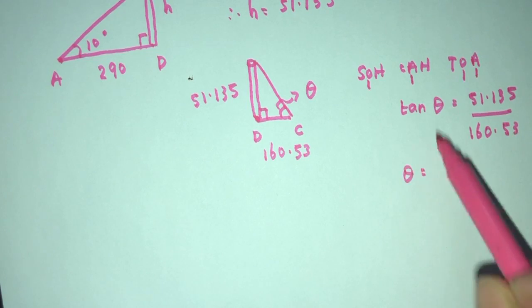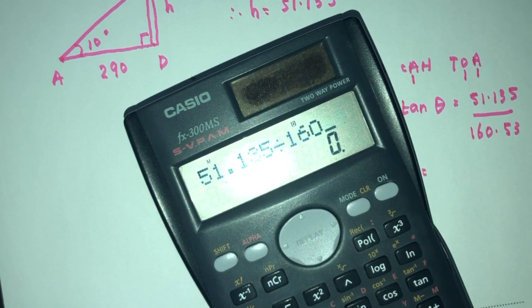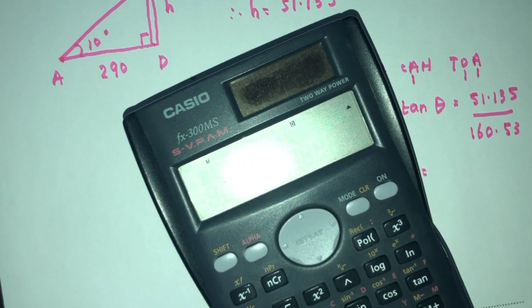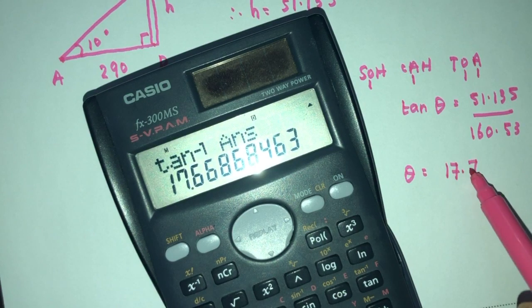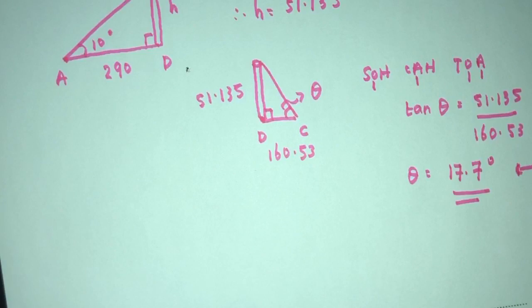Hence, theta, tan inverse of 51.135 divided by 160.53, tan inverse of that should be 17.7 degrees for your angle of elevation. And this is the last question of this paper.